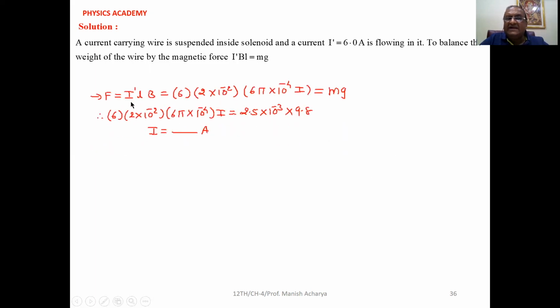So F, that is I dash LB: I dash is 6 ampere, length of the wire is 2 into 10 raised to minus 2, B that we calculated previously is 6 pi into 10 raised to minus 4 into I, that should be equal to mg, where m is 2.5 into 10 raised to minus 3, take g as 9.8. Now solve this equation and make I the subject of the equation, you will get the current through the solenoid. Clear to all of you?